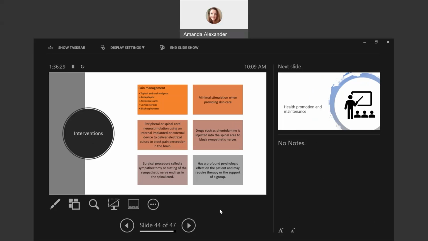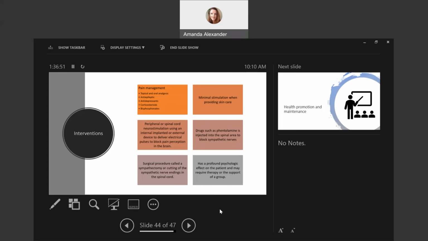Minimal stimulation when providing skin care might be important for someone that has a sensory deprivation or sensory problem. You don't want to rub too hard and damage the tissue, because they may not feel you actually touching them well.